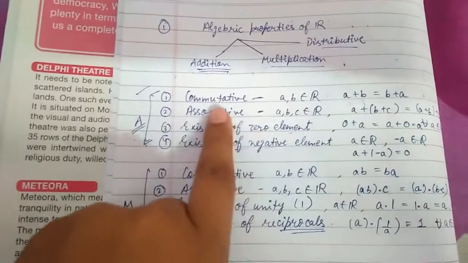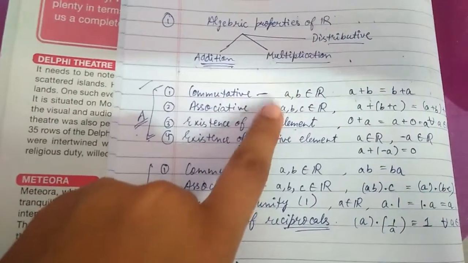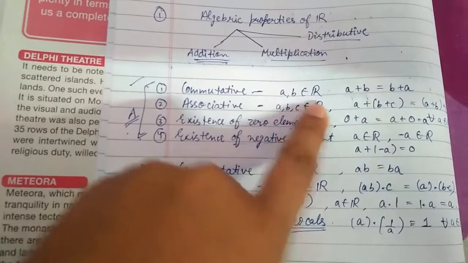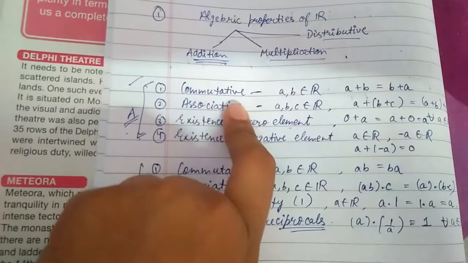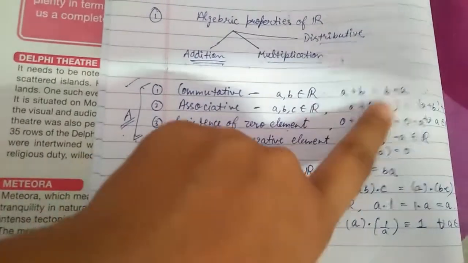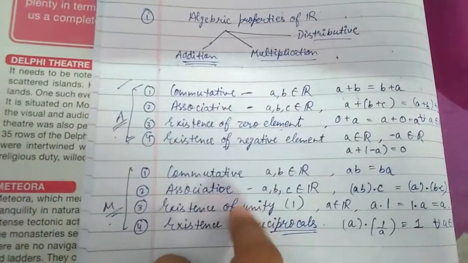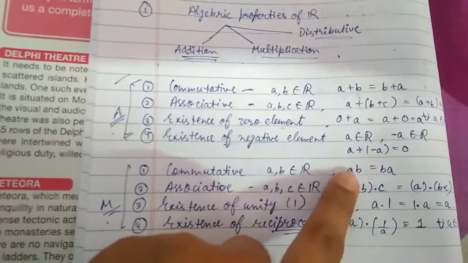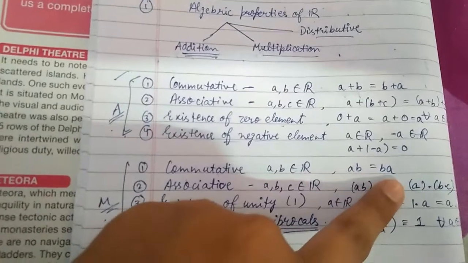As we know, the commutative property in addition is: let a and b belong to the real numbers. Then the commutative property states that a plus b is equal to b plus a. Similarly, the multiplicative commutative property states that ab is equal to ba.